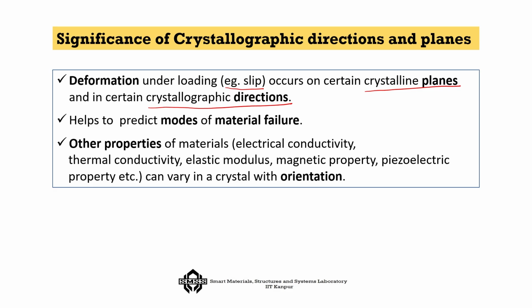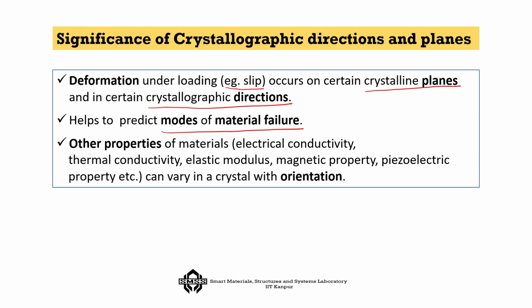So, these two, the plane and the direction, we should be able to quantify. Once we know that, we will also be able to know the mode of material failure, so that depending on the application we can safeguard ourselves against such failure.